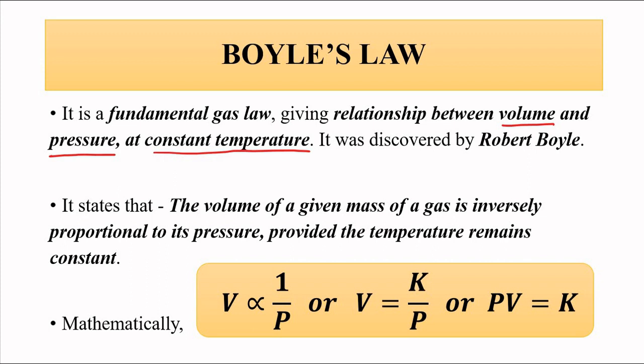Okay, so the statement of Boyle's law is that if temperature is kept constant, the volume of a given mass of gas is inversely proportional to its pressure. Okay, if temperature is constant, volume of a given mass of gas is inversely proportional to its pressure.